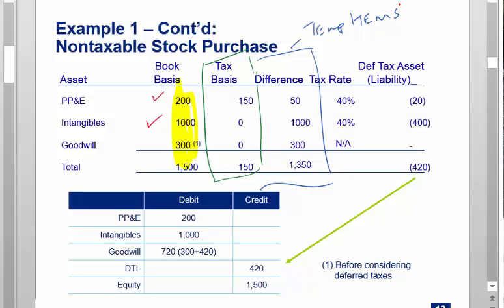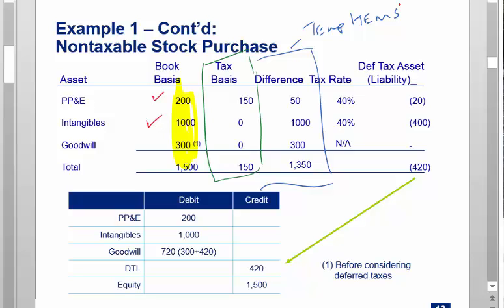Okay? So you need to think of this as, what would happen if I sold my balance sheet for cash? What happens if I sold depreciable property for $200? What if I sold my intangibles for $1,000? What would be the tax effect? And that tax effect I need to accrue as part of business combination accounting.